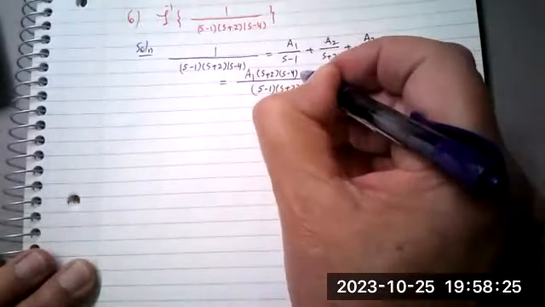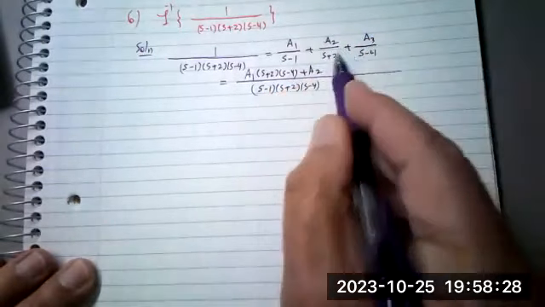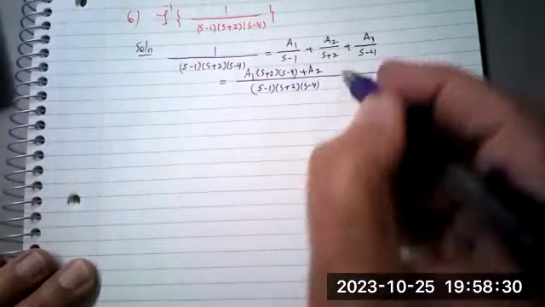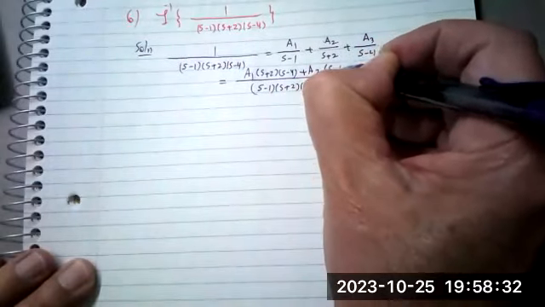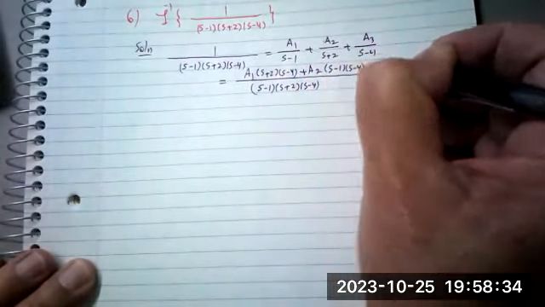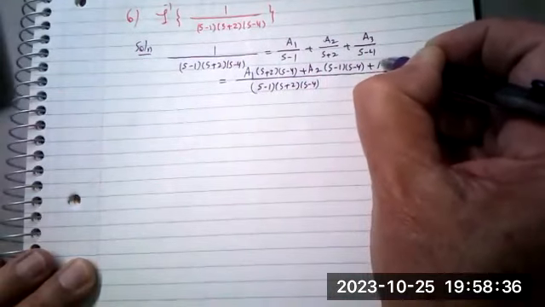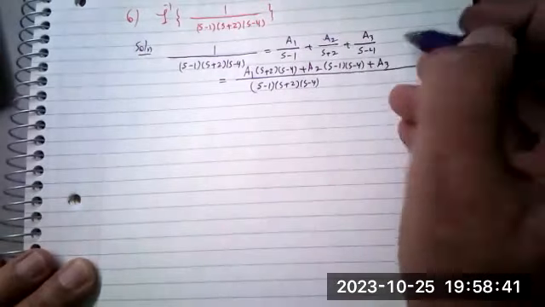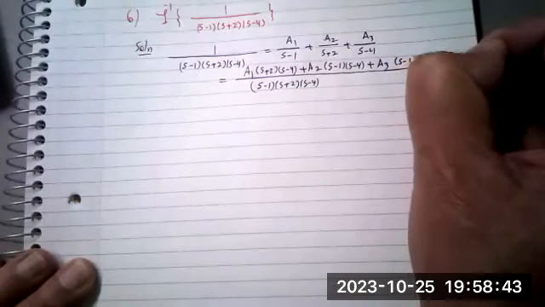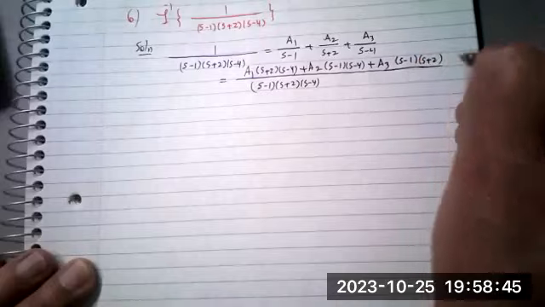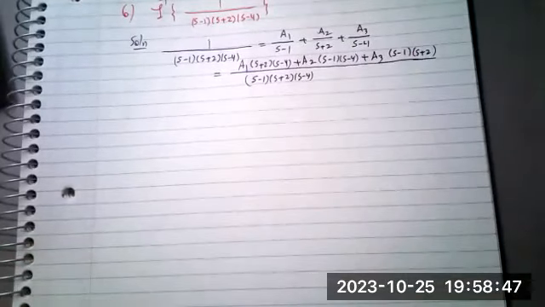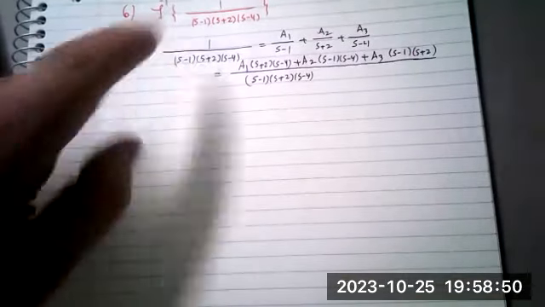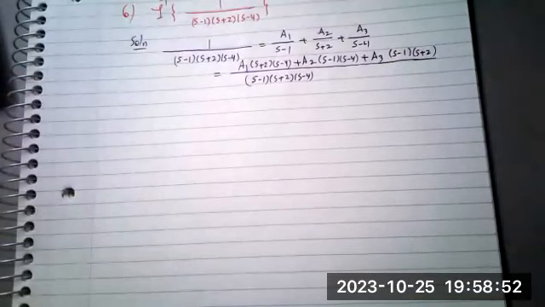Plus A2: you drop s plus 2 from your common denominator and multiply by the leftover. Plus A3: you drop s minus 4 from your common denominator and multiply by the leftover. That's it. You let the top be equal to 1, and then you pick 3 numbers to find A1, A2, and A3.